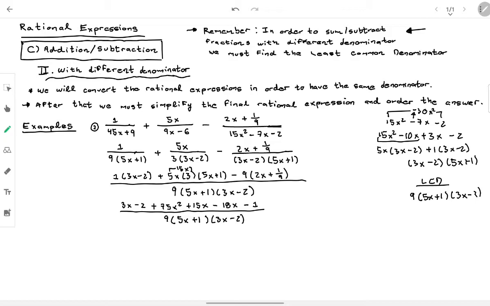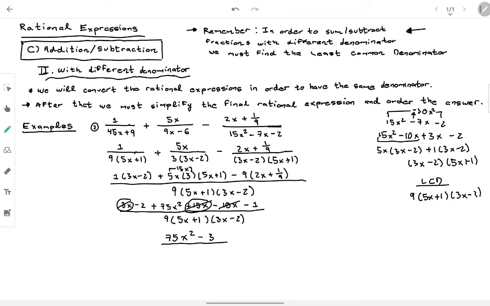So here we can make the like term simplification on the top part and on the bottom. So it's going to be 3x and 15x. It's positive 18x. With the minus 18x, it will disappear. So we will get only 75x squared minus 3.